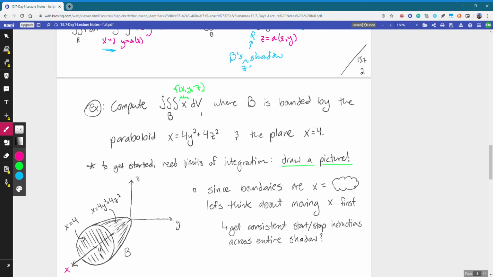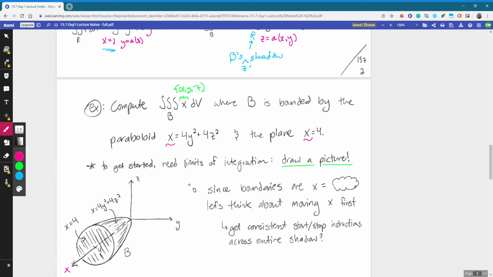Okay, and so we need to think about, do I want to think about moving x, y, or z first? And here a kind of hint is given, our boundaries are given as x equals something. So let's maybe think about moving x first. That might be a clean way to think about things. And so the question is, as we move x, do we get consistent start-stop instructions moving through our Christmas ham?